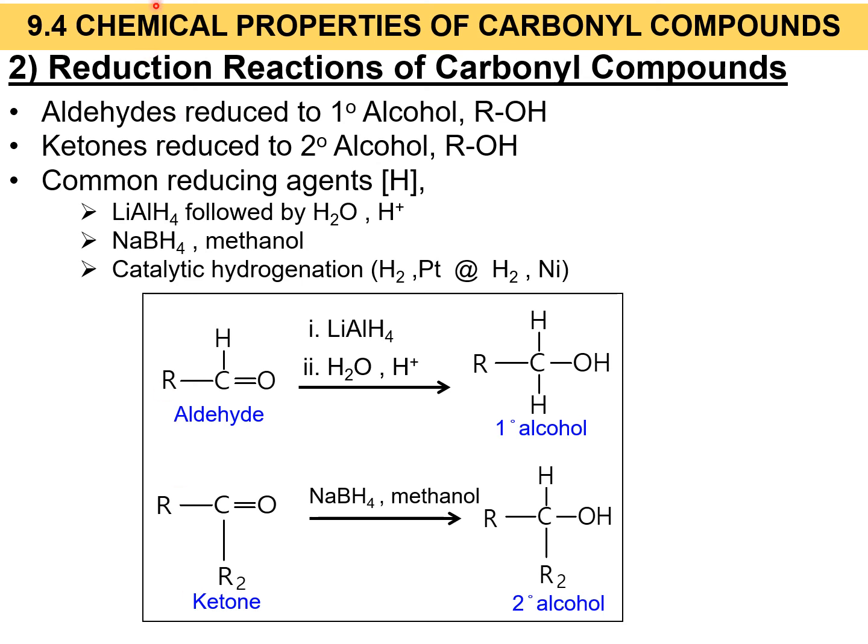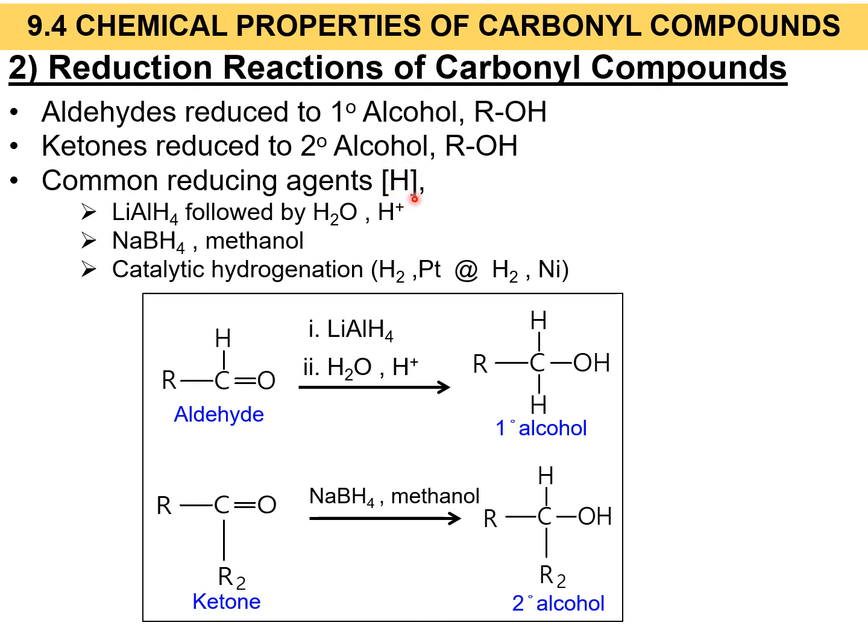Besides nucleophilic addition reactions of carbonyl compounds, the other chemical property of carbonyl compounds is the reduction reaction. Carbonyl compounds can undergo reduction reactions, but you need to know that if an aldehyde undergoes reduction, it will be reduced to a primary alcohol. If a ketone undergoes reduction, it will be reduced to a secondary alcohol. And you need to know the common reducing agents.